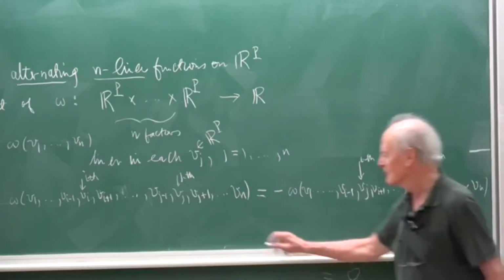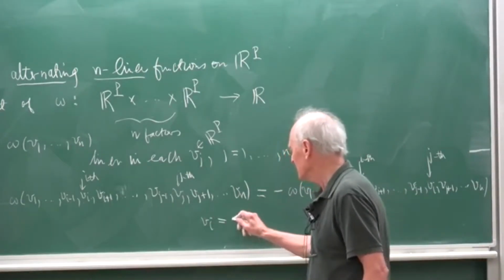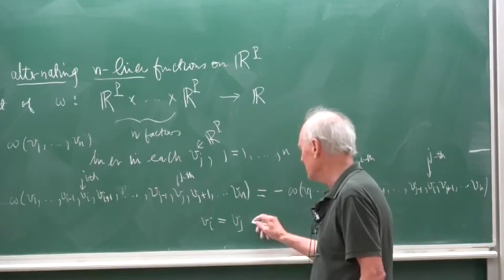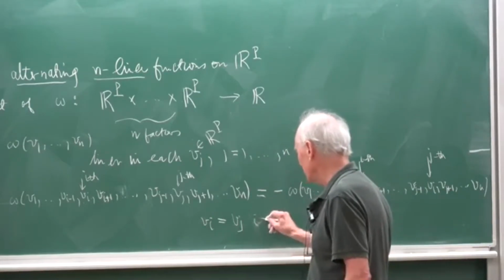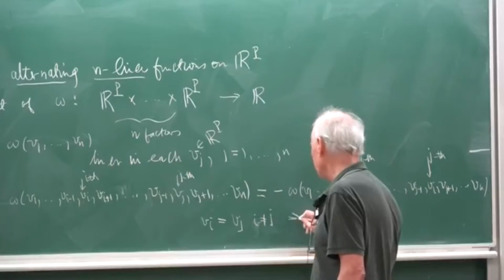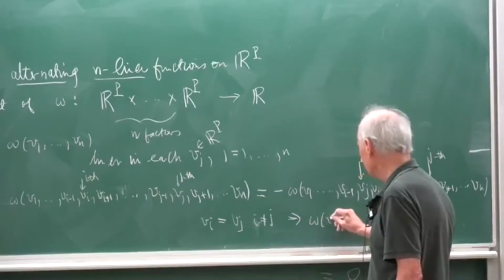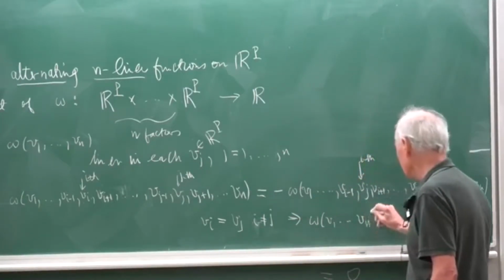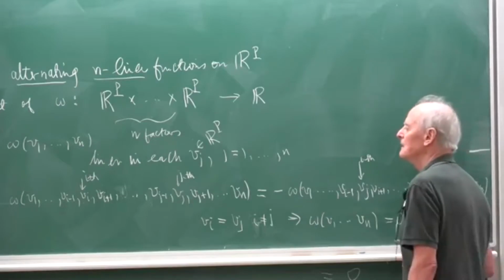So Vi equals Vj, where i is not equal to j, of course implies omega of V1 up to Vn equals 0.